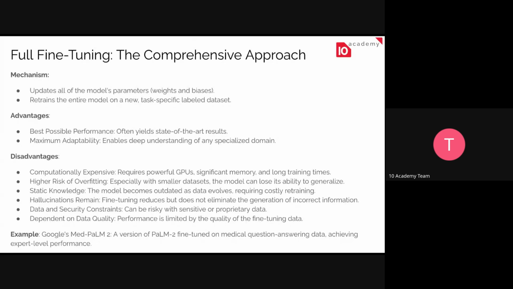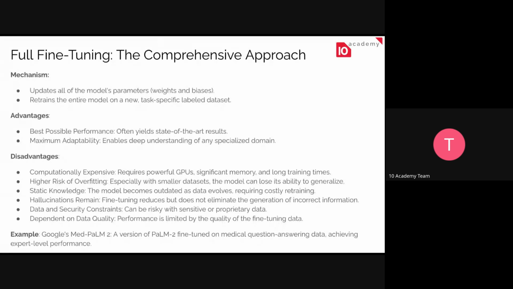Also static knowledge: the model becomes outdated as the data evolves, and requires costly retraining on new data. And hallucination, of course, could still be there. It reduces a lot, better than the other methods, but it could still be there.